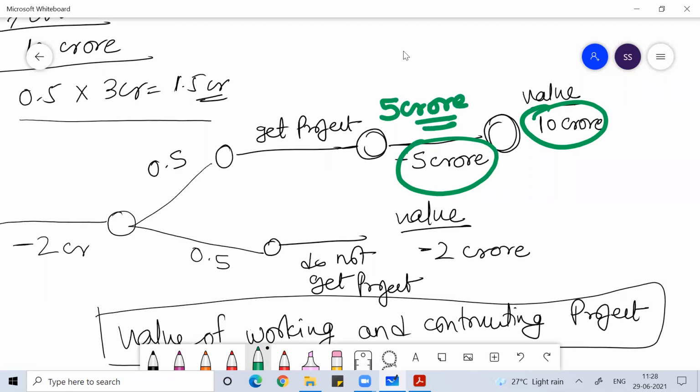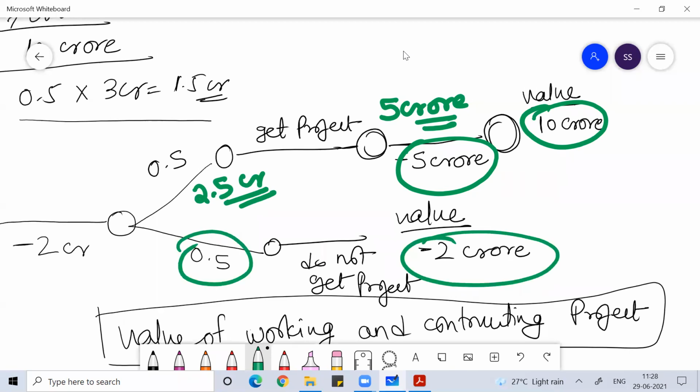And there's a 50% chance that you get this, so this will become 2.5 crore. You're understanding, right? Here, if you do not get the contract, 2 crore, 50% of 2 crore is 1 crore. So what is the economic value here, guys? The economic value for this is 1.5 crore.